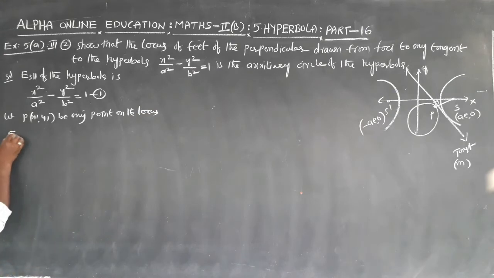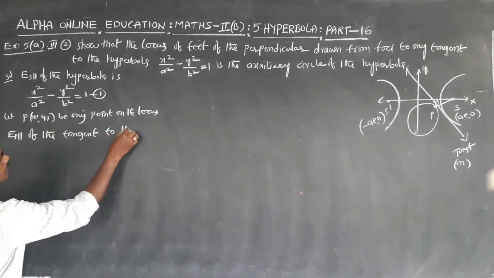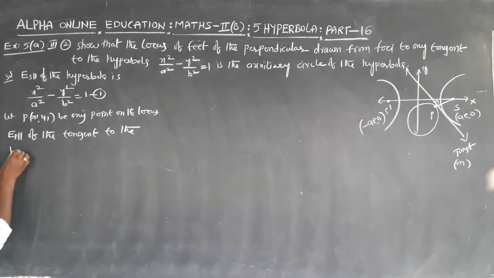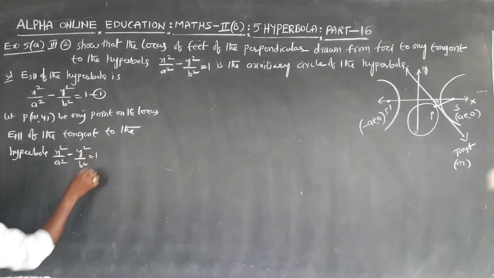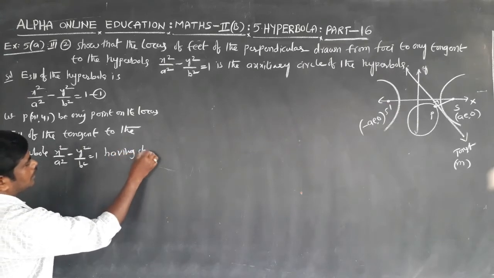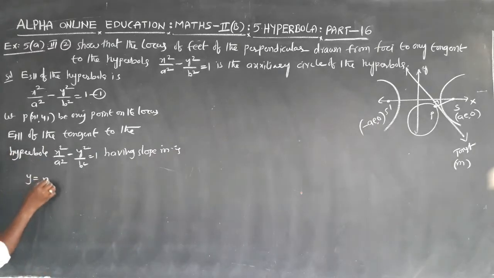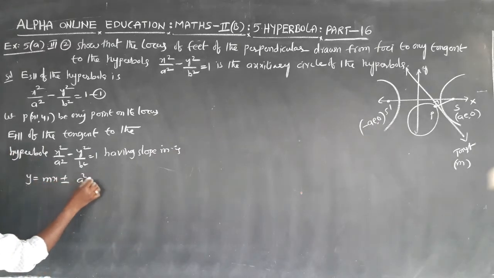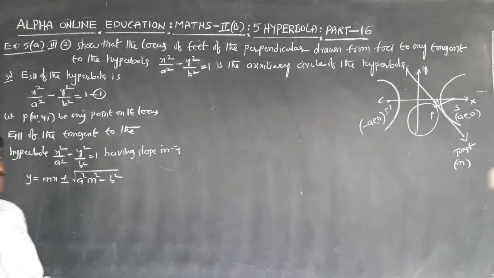The equation of the tangent to the hyperbola x square by a square minus y square by b square equal to 1 having slope m is y is equal to mx plus or minus under root of a square m square minus b square.